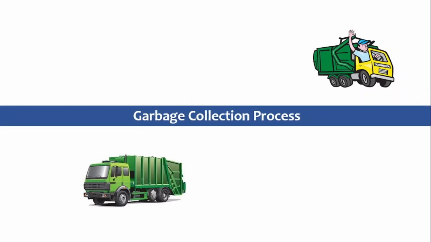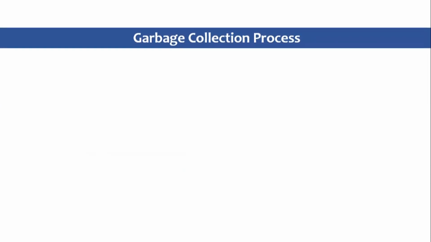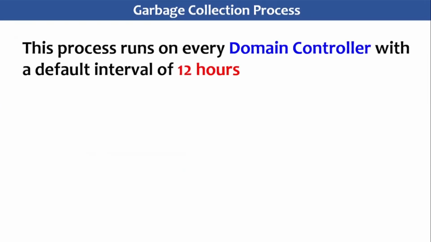So let us understand the garbage collection process now. What exactly this garbage collection process is all about. So this process runs on every domain controller with a default interval of 12 hours. We have to remember this is a maintenance process, and this is an inbuilt process which runs on every domain controller every 12 hours.